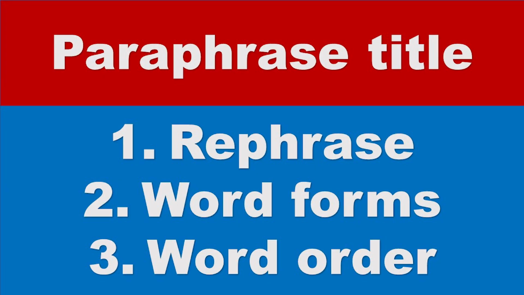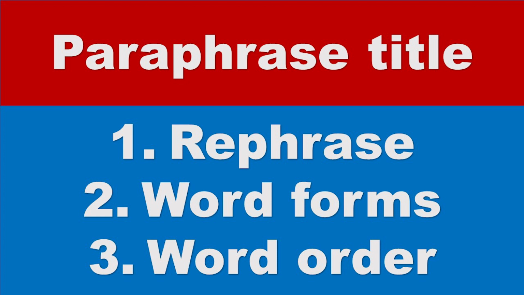So let's look at the first part of our introduction, paraphrasing the title. Now, when it comes to paraphrasing, we've got 3 options. First of all, we can rephrase words. We can look for words in the title that we can rephrase.